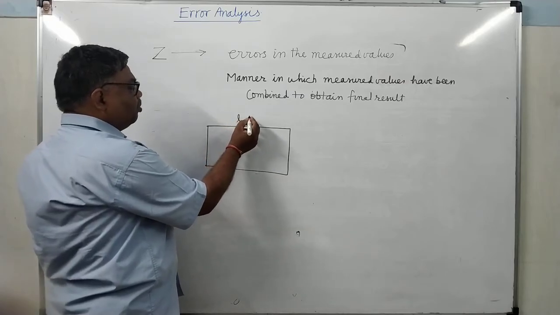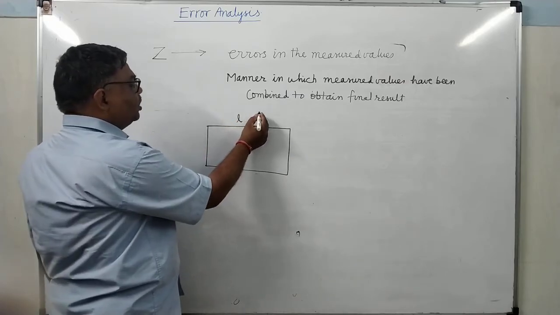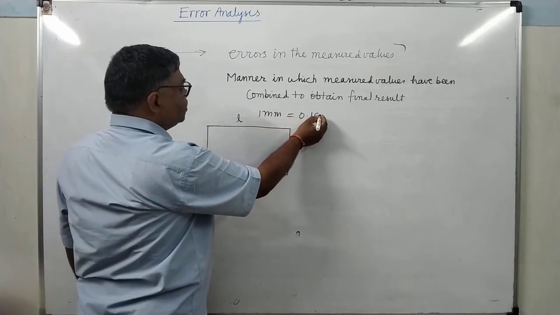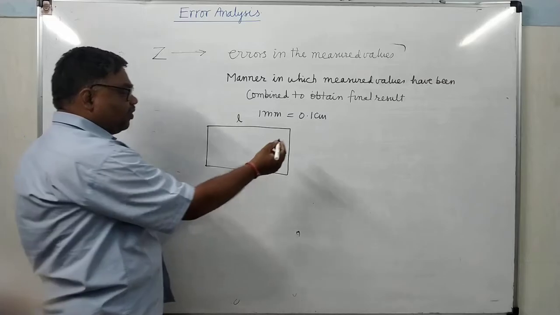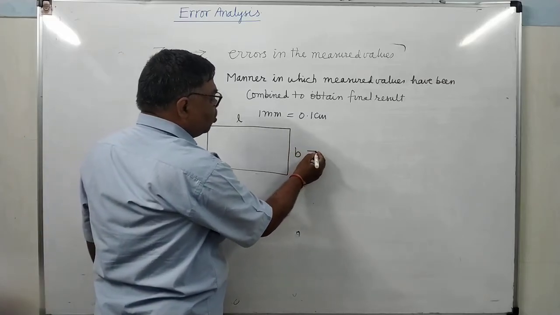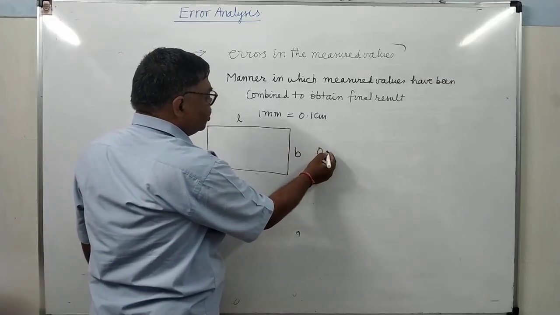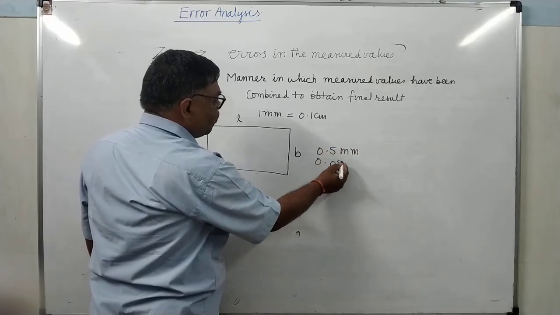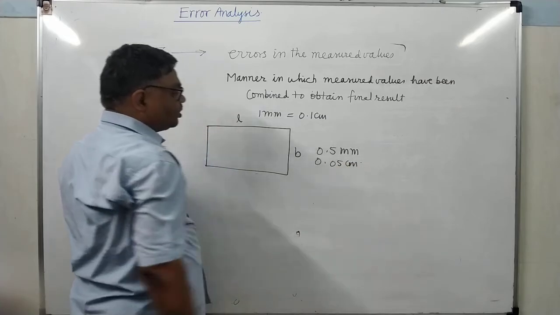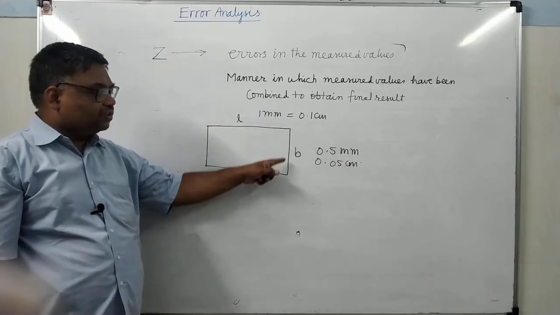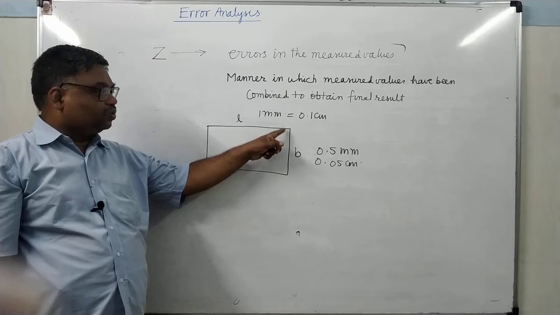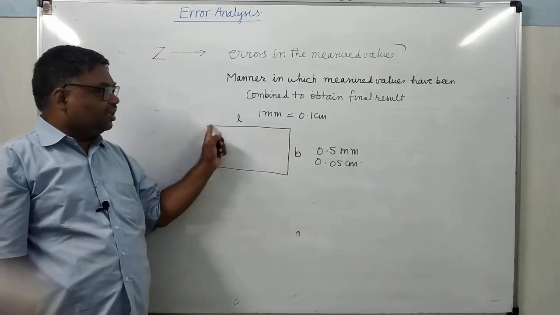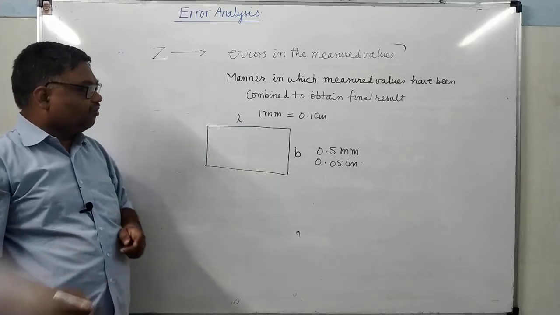Suppose length we have measured by a scale whose least count is 1 mm, that is equal to 0.1 centimeter, and breadth we have measured by a scale whose least count is 0.5 mm, that is 0.05 centimeter. Is it clear? Here the limit of resolution of the scale used in measuring breadth is this, and here it is this. Least counts are given here.